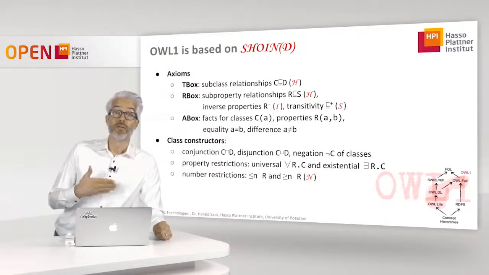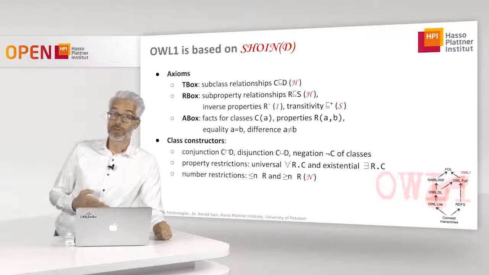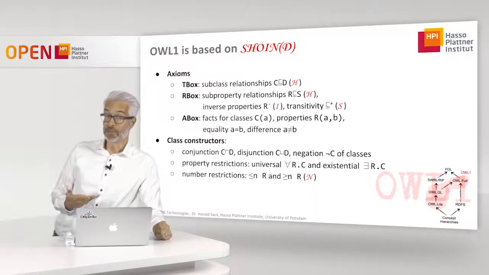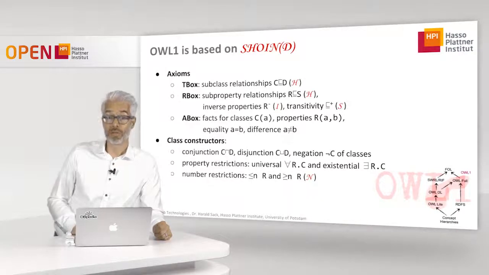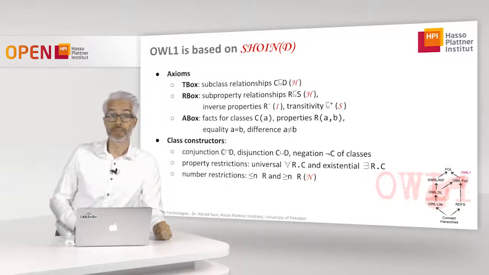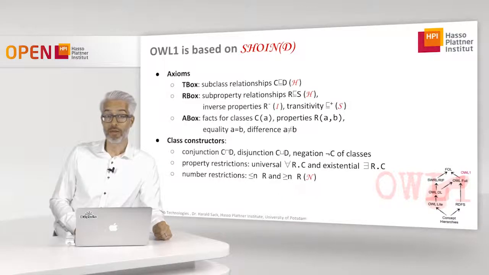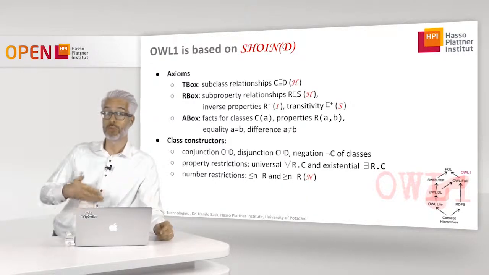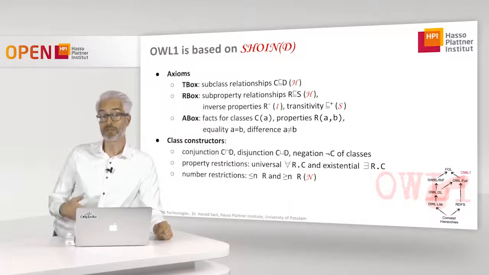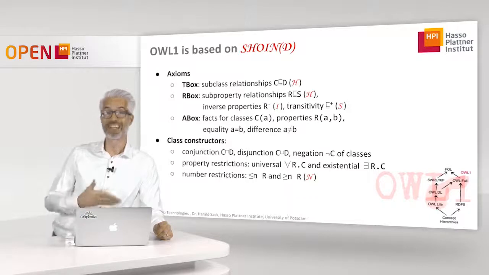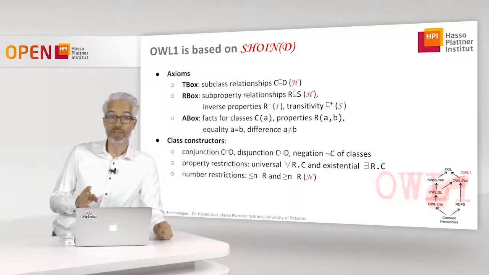What is new? Because we have already talked about ALC, the simplest form of description logics, here are the so-called number restrictions, for which the letter N stands. So in addition to everything we know from ALC, you also have the possibility to define number restrictions, which gives you the possibility to define a class which is restricted by some numbers.